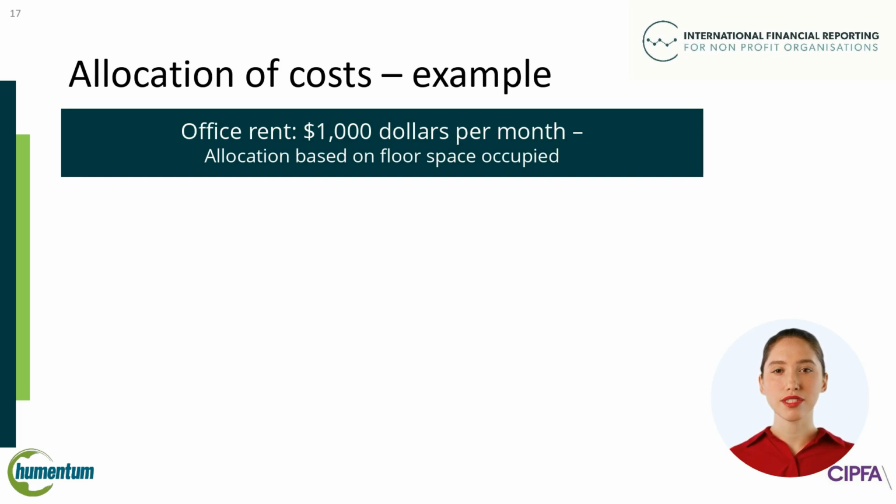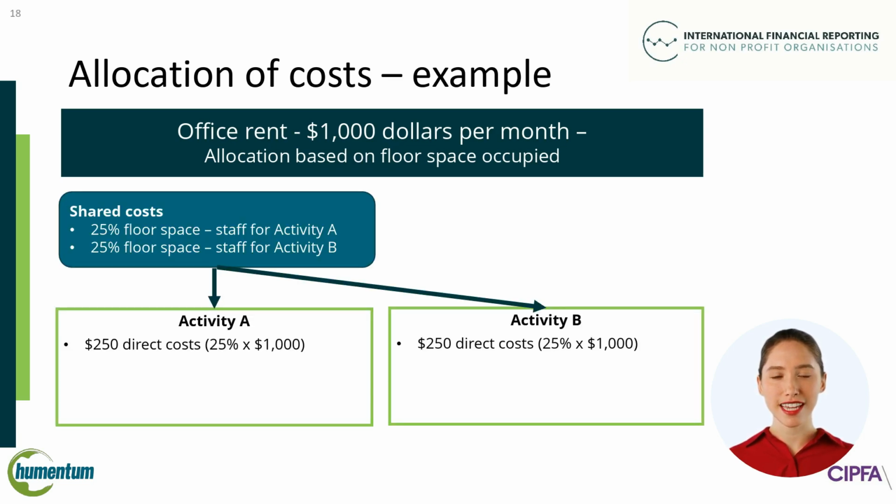This example demonstrates these general principles. An NPO rents an office building for $1,000 per month. Monthly rent is allocated to the NPO's activities, based on floor space occupied as follows. Rent is allocated to an activity for the space occupied where staff are working directly on an activity.